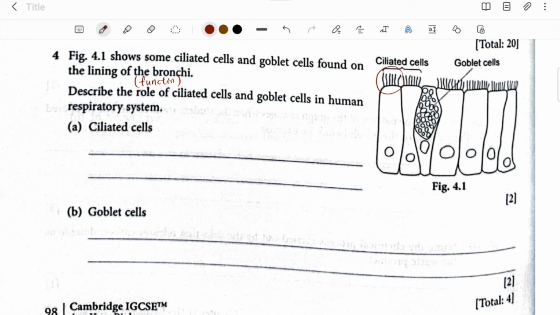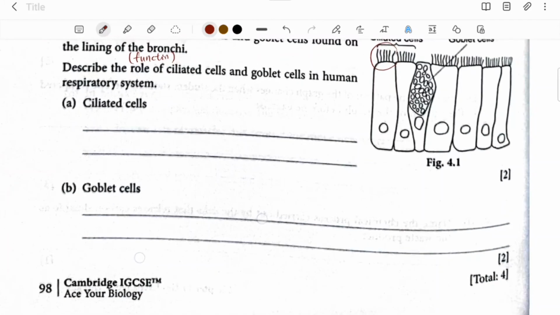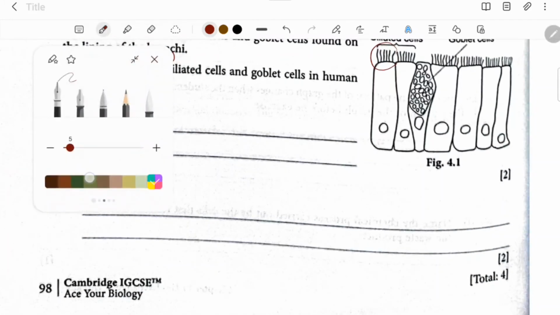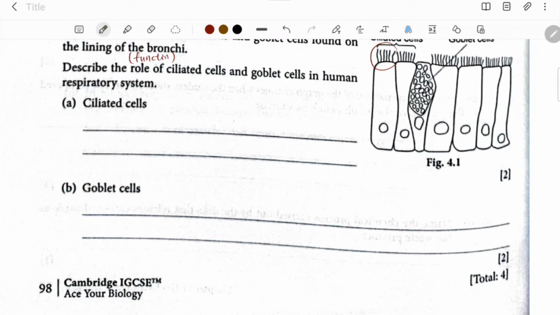Okay, this one we write from the A first. So for ciliated cells, we write about the cilia, because the cilia is the one that actually does everything.